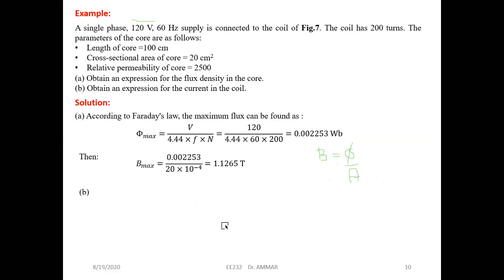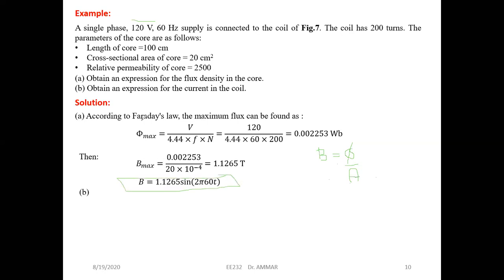How can we find B? Directly, if B max is 1.1265 Tesla, B is alternating, it is 1.1265 sine omega t. That's all. And omega, we have the frequency F is 60, omega is 2 pi F. So this is the expression of B.